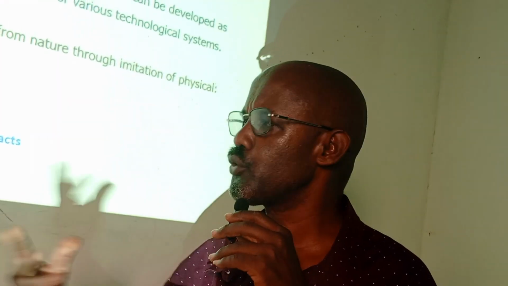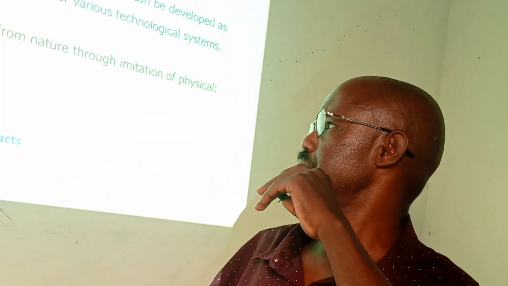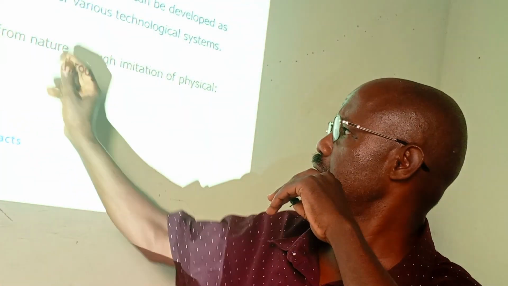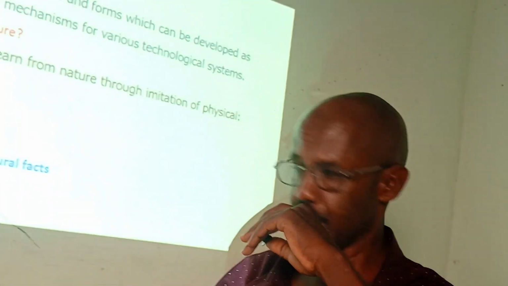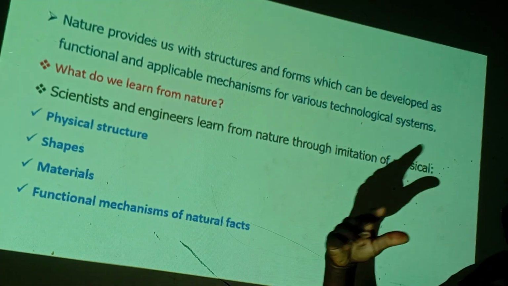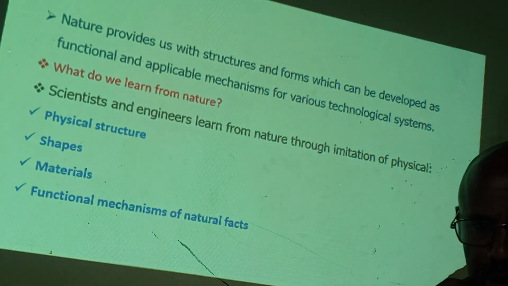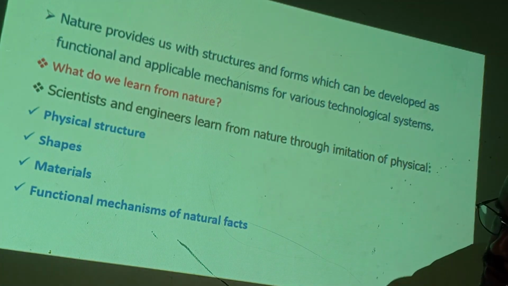Some part of that organism, how it works in nature. Therefore, scientists and engineers, including architects, learn from nature through imitation of physical structure, shapes, materials, functional mechanisms, processes, all aspects which can be easily understood and translated into technology.